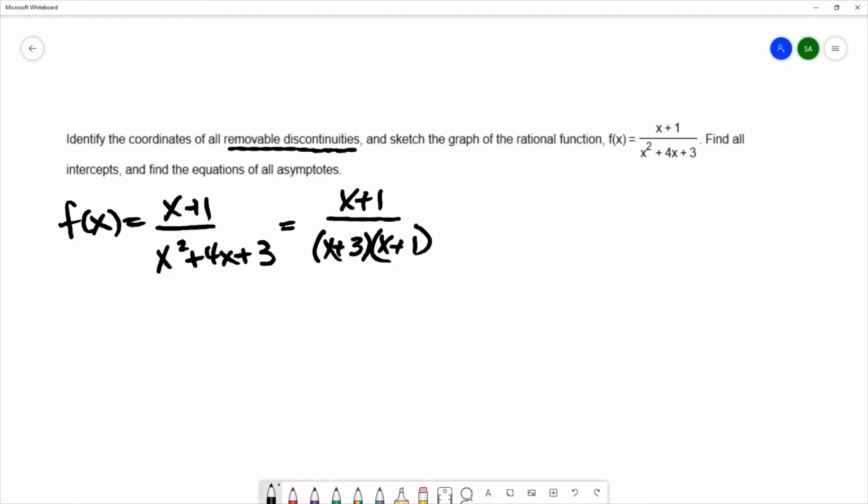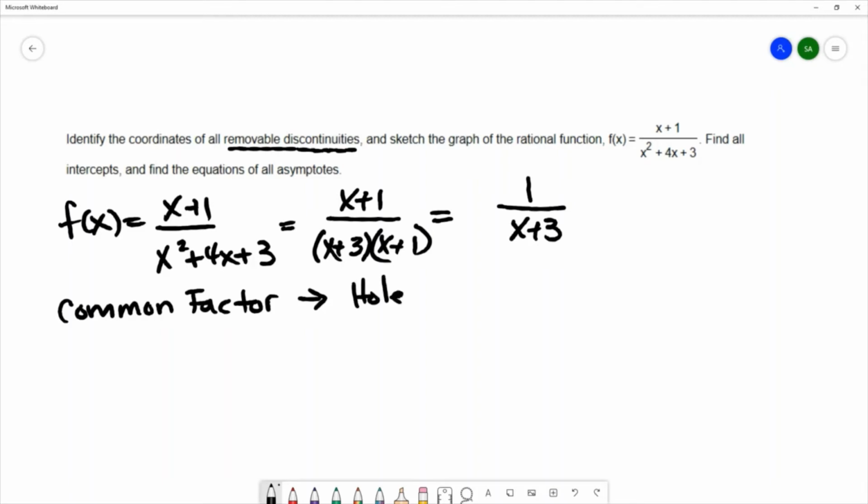And now that it's in factored form, I can see that I do have a common factor, and we could reduce this function even further to become 1 over x plus 3. So because there is a common factor, we know that there is a hole in the graph, or sometimes called a removable discontinuity.